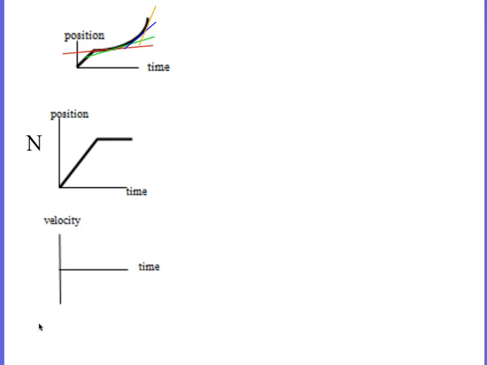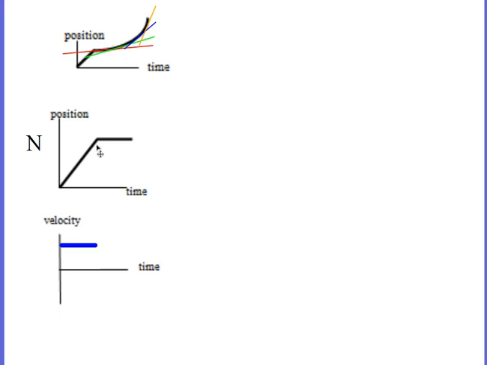Now you started the show again, and I hope that this is what you got, that in the first part there was constant positive slope, and so I would want to have constant positive velocity. I don't know what value because I don't have any numbers here.